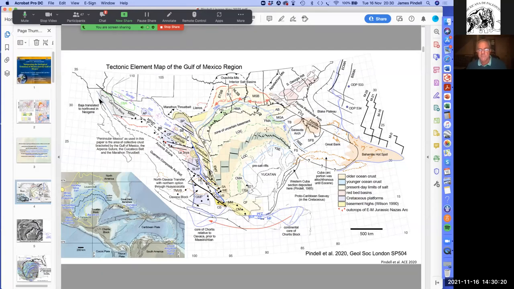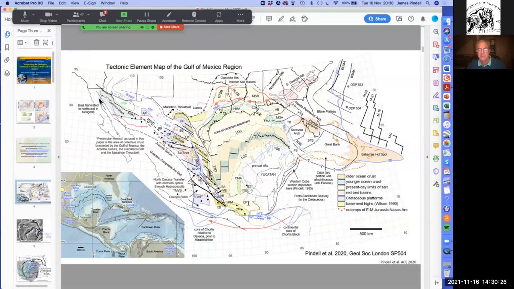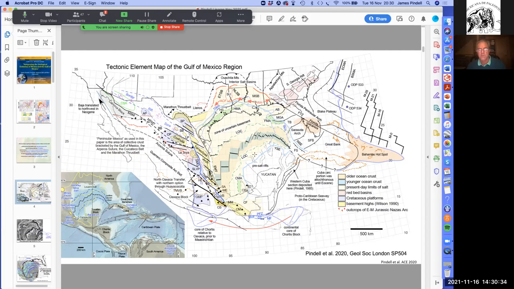Okay, in the Gulf of Mexico, we have two colors. You see a yellow color, both in the north and in the south. That is the area of salt deposition. There is a thick halite unit called the Louann Formation in the north, or the Campeche or the Sureste salt in the south. In between the two salt units is the area of oceanic crust in the Gulf of Mexico.